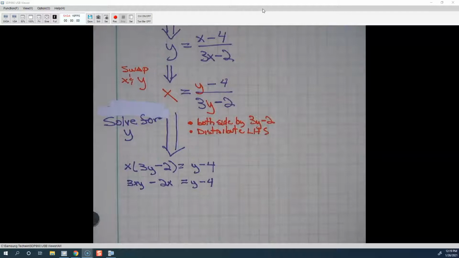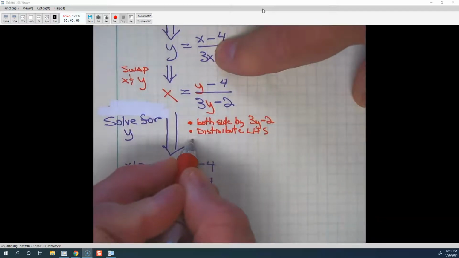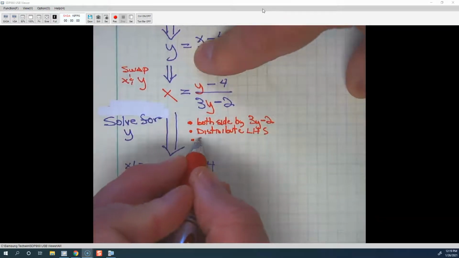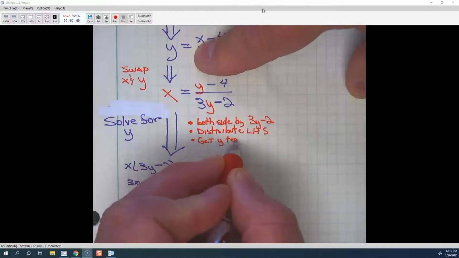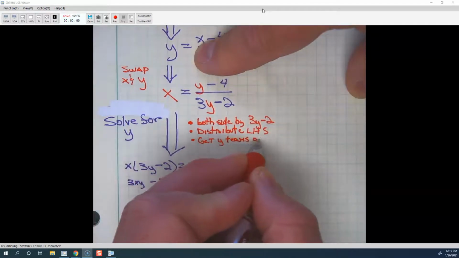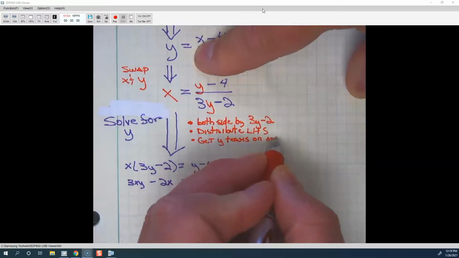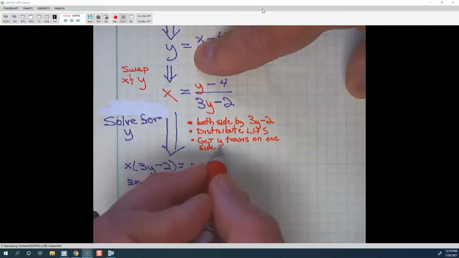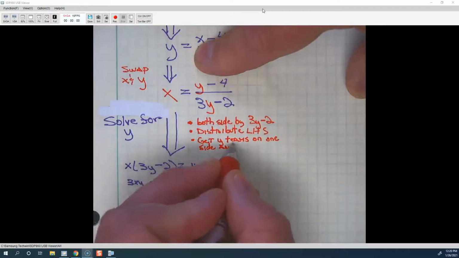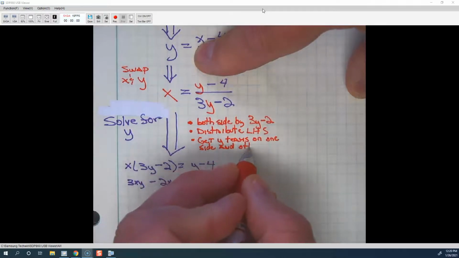All right, now I want to get y terms on one side and all the other terms on the other side.